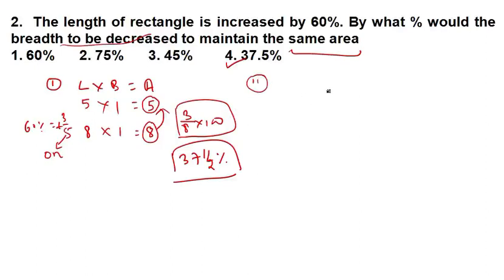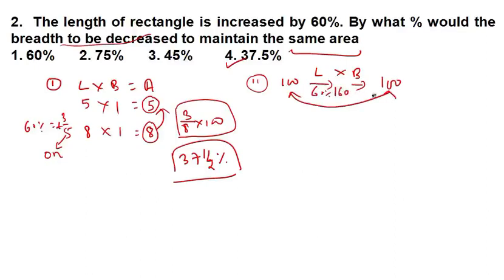Here it is written very clearly that the area remains the same. So I'll assume my area to be 100. Then there's an increase in length and something happens to the breadth, and then my area has to be the same again. It has to be constant. Now I know that my length got increased by 60%, then it becomes 160.